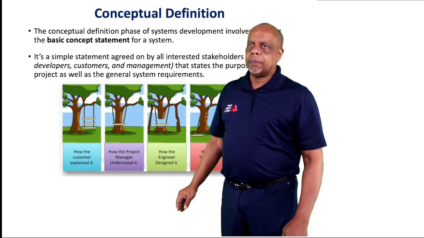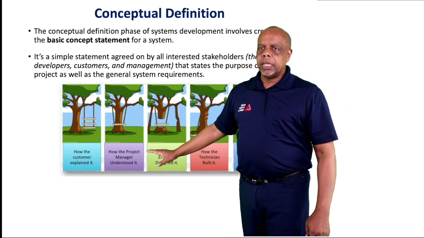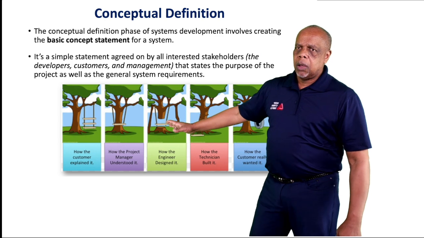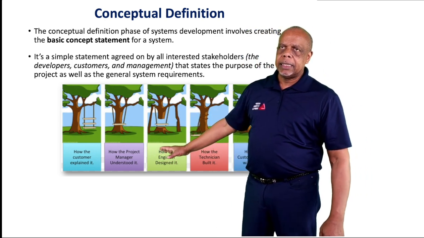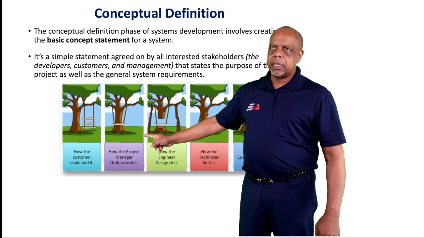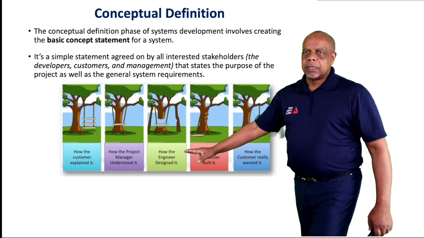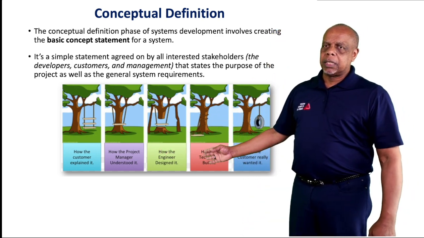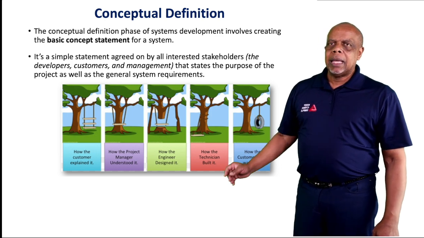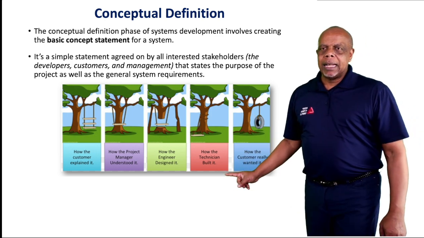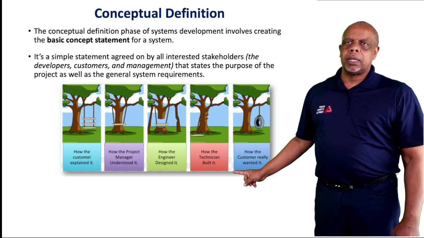Then the engineer designed it, because he's going, well, what they gave me won't work, however I'm going to stick as close to the plan as I can. So he propped the tree up and cut it in the middle. This is how the technician built it, because he looked at the engineering drawings and thought, well, that's stupid, why would anybody want to do that? And in actuality, this is what the customer really wanted.